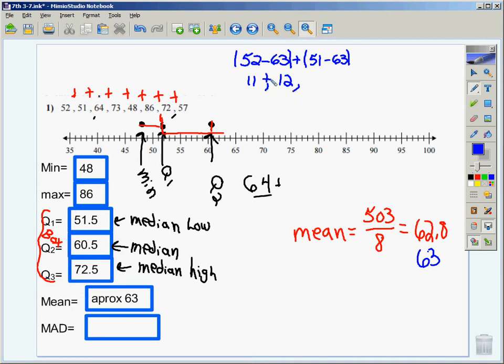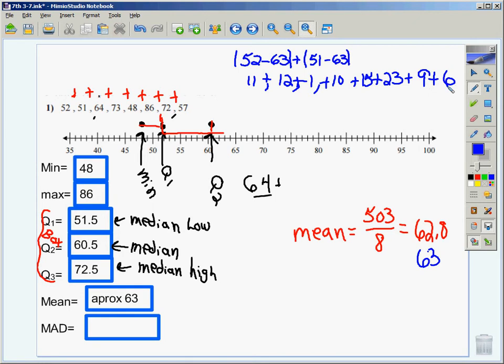Okay? Now, without writing them all out, the difference between 63 and 64 is what? 1. The difference between 63 and 73 is? The next one is 15. The next one is 23. The next one is 9. And the last one is 6.